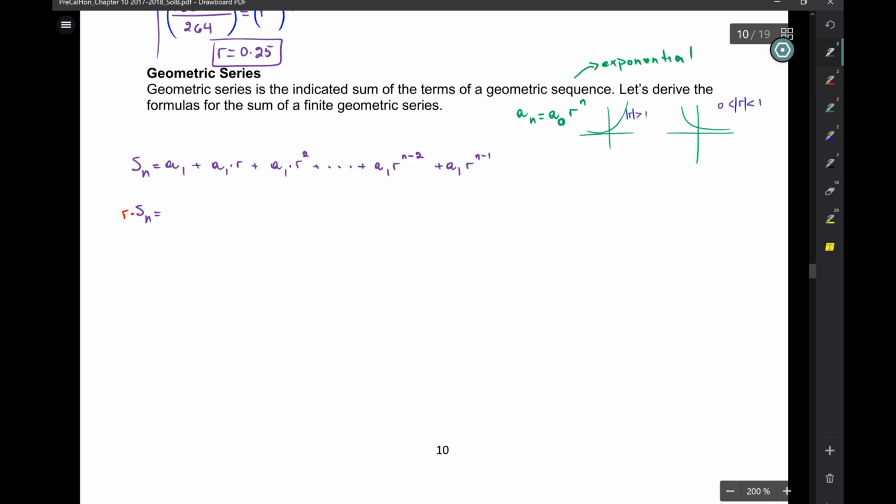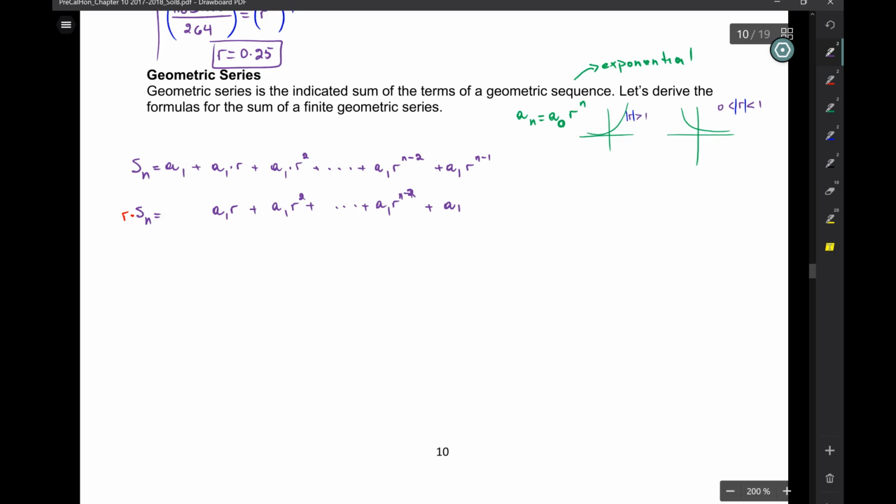The first term, multiplied by r, gives me a_1 r. I'll write it here to align them. The second term multiplied by r is a_1 r squared, and so on, up to a_1 r to the n minus 1.